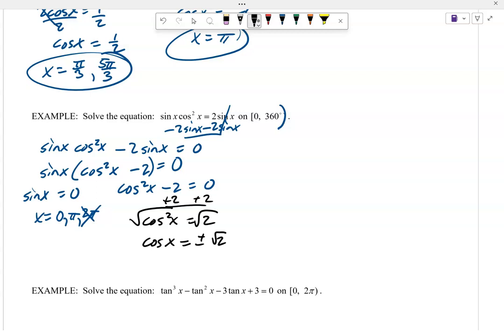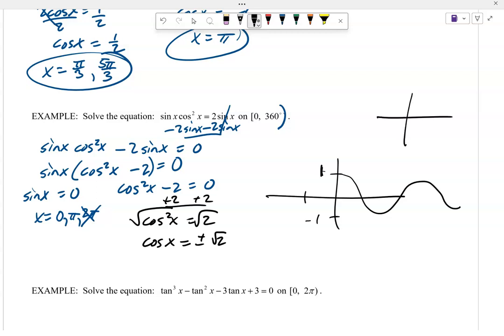If you think about your cosine function for a minute, it is between 1 and negative 1, right? Or if you're looking on your unit circle, the cosine's never more than a value of 1, right?